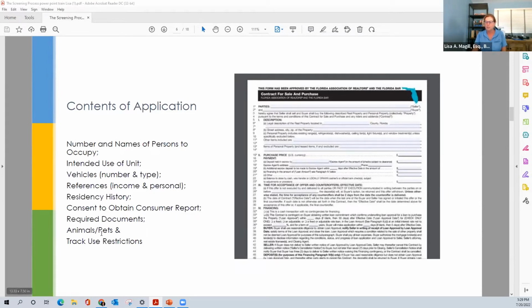Animals and pets. The reason I have a hyphen here is that you generally want to ask about ownership of animals. Why? Because service animals and emotional support animals are not considered pets. And I did have this situation once where the application says, do you own any pets? The person said no. The woman moved in with either a dog or a cat, I forget what it was.